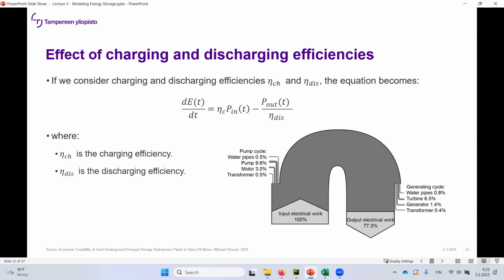So there's water pipes, turbine, generator, transformer, and so forth. So the input electrical work, at first, goes through the charging efficiency. And after that, it goes through the discharge efficiency. And what you're left with is 77.3% of the original electricity. And that is, of course, a rather good round trip efficiency. So that's the round trip efficiency, both of those together.